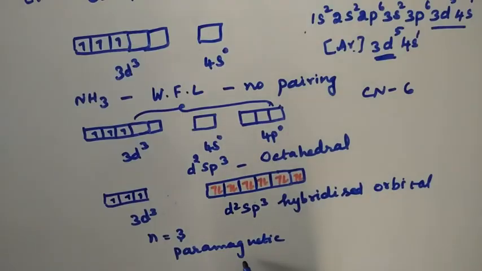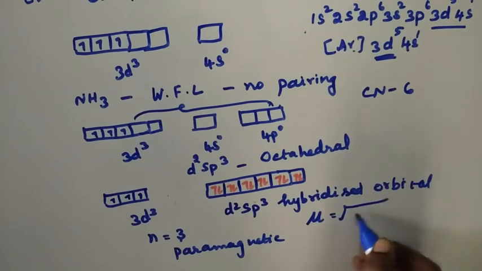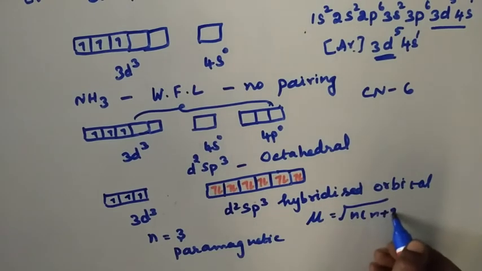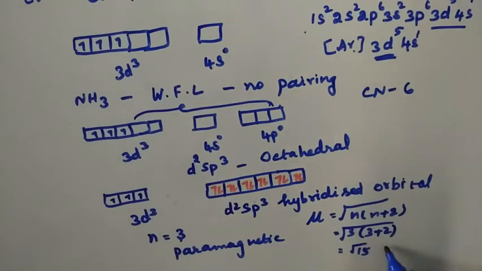We can find the magnetic moment. Mu is equal to the square root of n(n+2). Here n is 3, so the square root of 3 into 3 plus 2, the square root of 15. The square root of 15 is 3.87 Bohr magneton. So the complex [Cr(NH3)6]3+ is paramagnetic in nature.